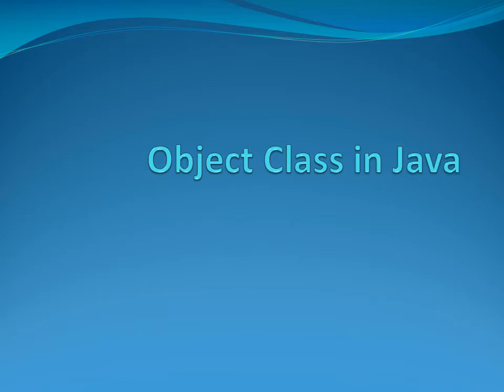So at the top of this class hierarchy, there is a particular class known as the Object class. As I said, this is a built-in class, so it is already defined in the package java.lang. And this class implicitly becomes the superclass of all classes in Java.